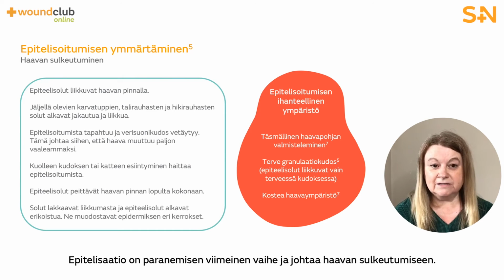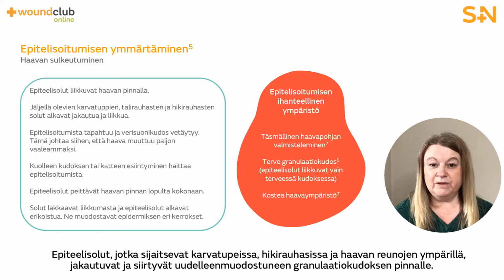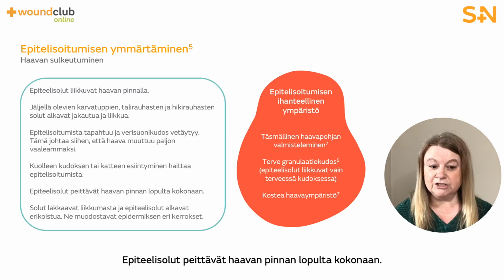Epithelialization is the last phase of healing, which leads to wound closure. Epithelial cells, which are located in hair follicles, sweat glands and around the edges of the wound, divide and migrate over the newly formed granulation tissue. The wound surface will eventually be covered with epithelial cells.